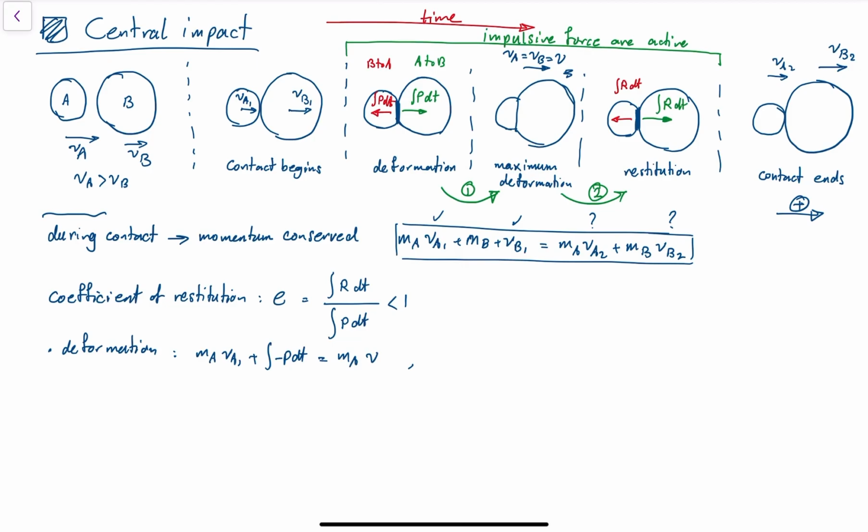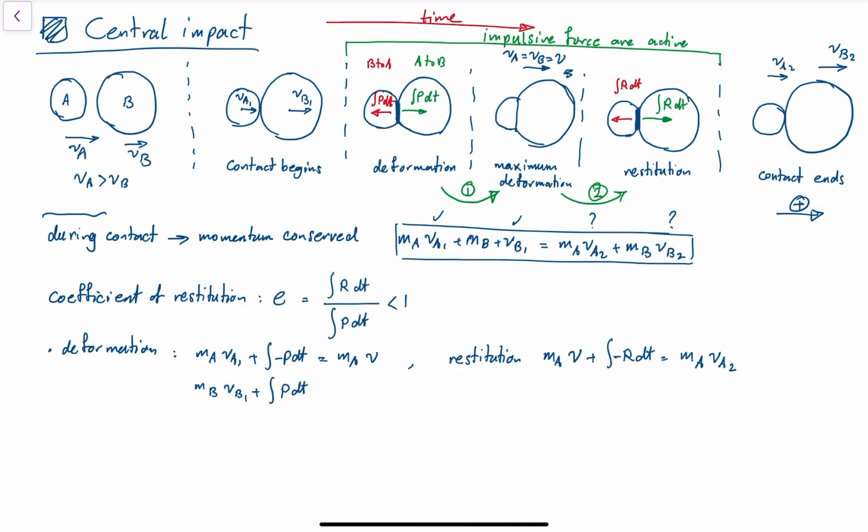And similarly, during restitution, we start with M_A V, this common velocity, plus this integral of R dt, again negative, gives us M_A V_A2. You can write exactly the same thing for body B: M_B V_B1 plus integral of P dt.